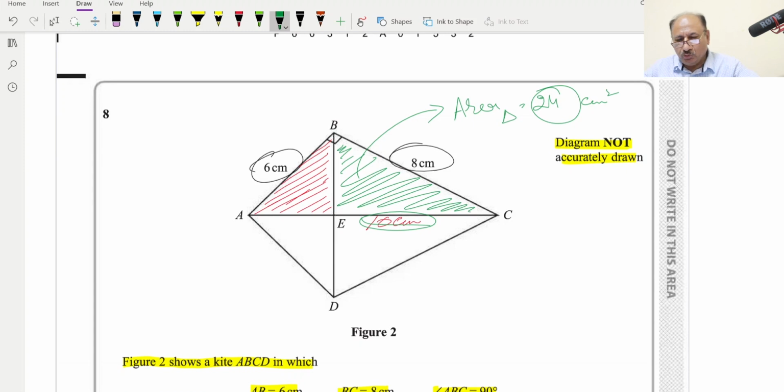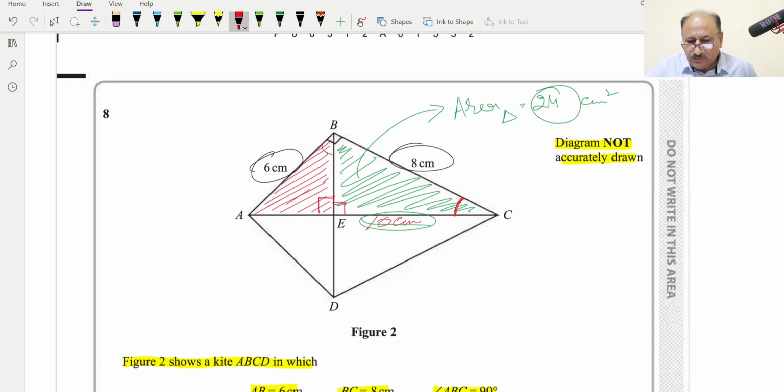We have to show that these two triangles are similar. For that we will take, this is 90 degree, this is also 90 degree, and BE is common. We can also compare the angles. Angle ACB is equal to ABE.